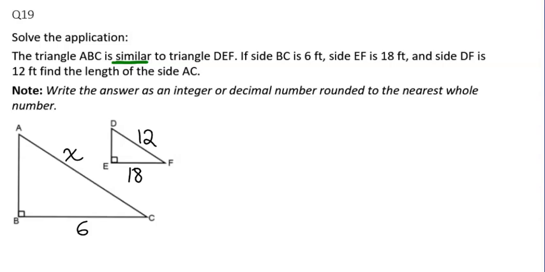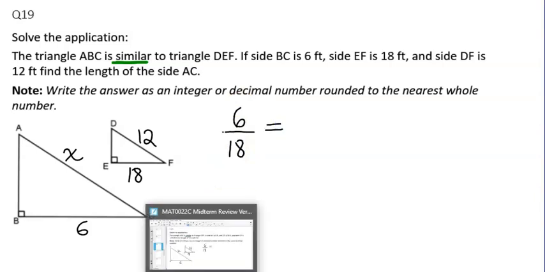Which sides correspond? BC and EF. So I'm going to put BC here and EF here, right? Because they correspond, they are the base. Both of them are the base of the triangle.